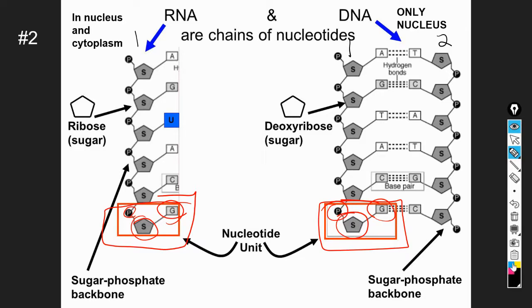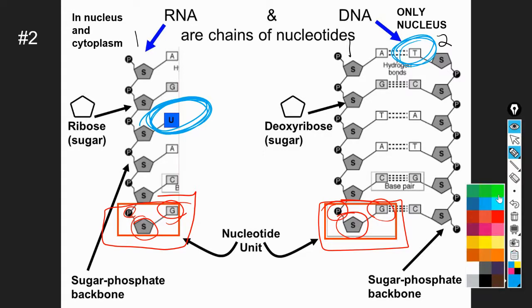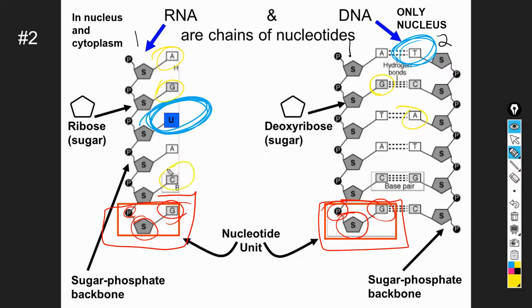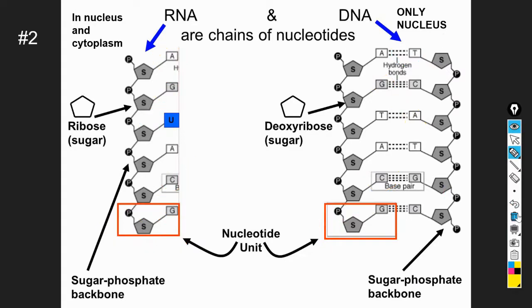The other difference that we can point out here is that nitrogenous base. So again, RNA has U, DNA has T, but then the other bases are the same between these 2 different types of nucleic acids. So both of them have A, both of them have G's, both of them have C's, and so the A's, G's, and C's are universal between DNA and RNA nucleotides.